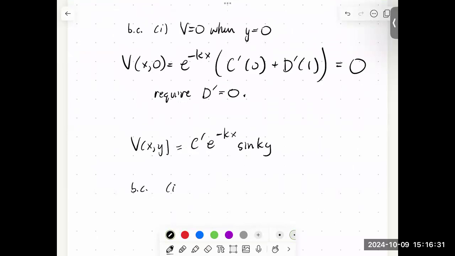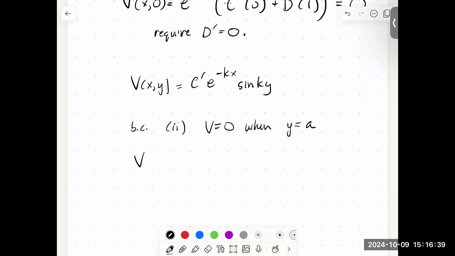Boundary condition 2. It was V equals 0 when y is equal to a. So V when y equals a is c prime e to the minus kx sine of ka equals 0. How am I going to get 0 here? What's the restriction?